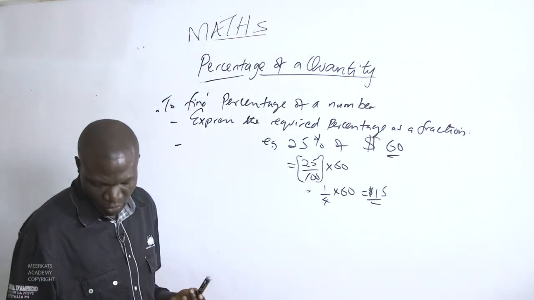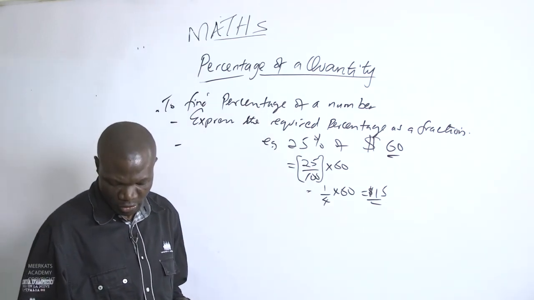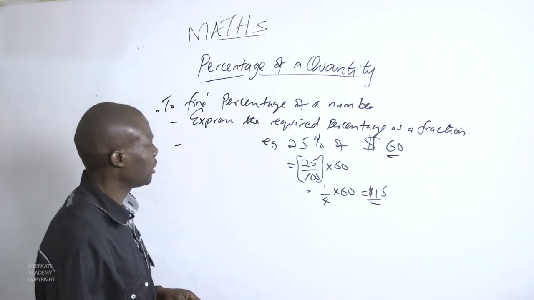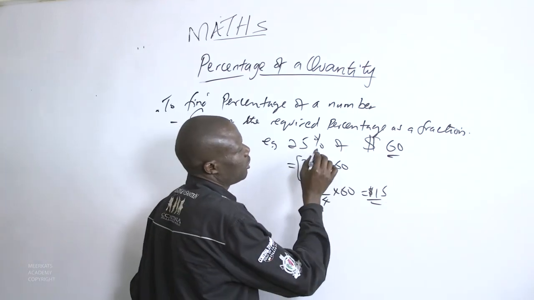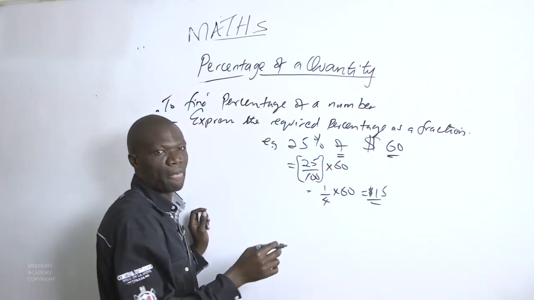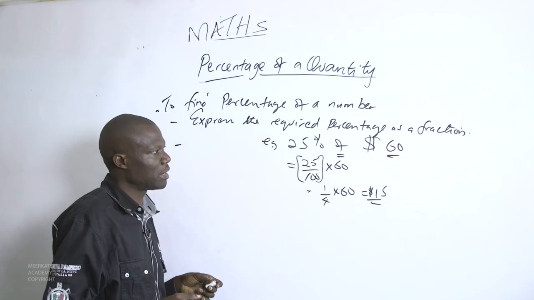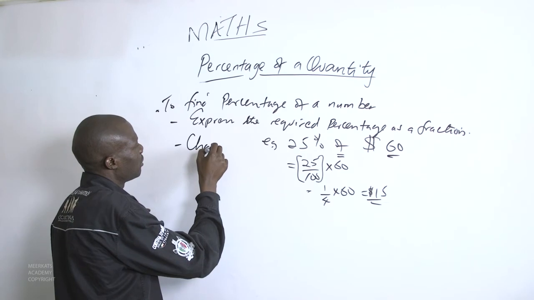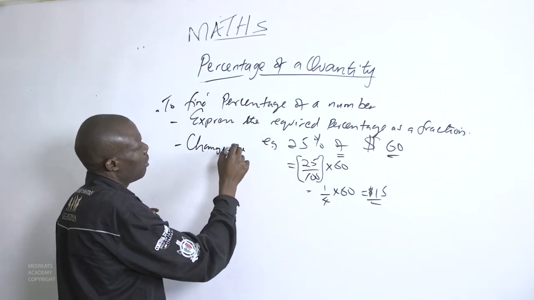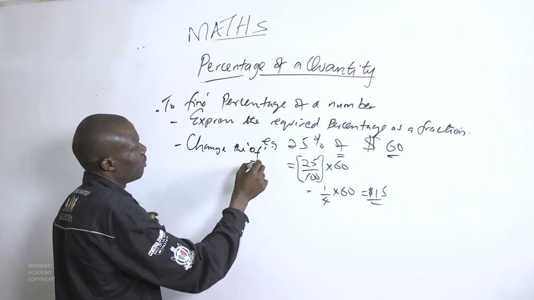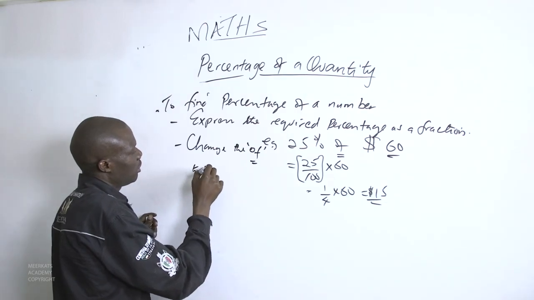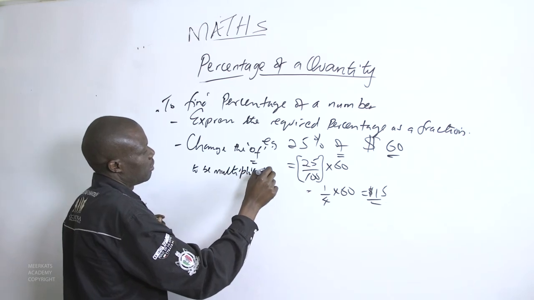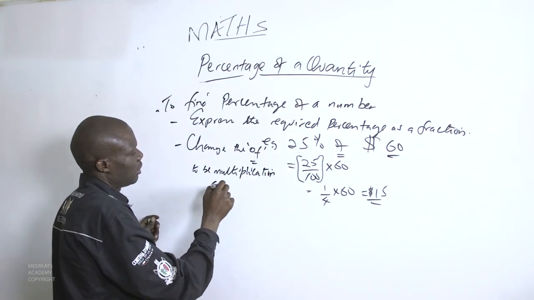Also, we change the word "of" to a multiplication sign. 25% of $60: we change the "of" to a multiplication sign.